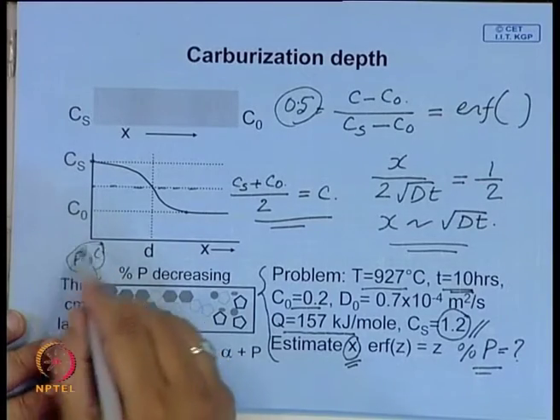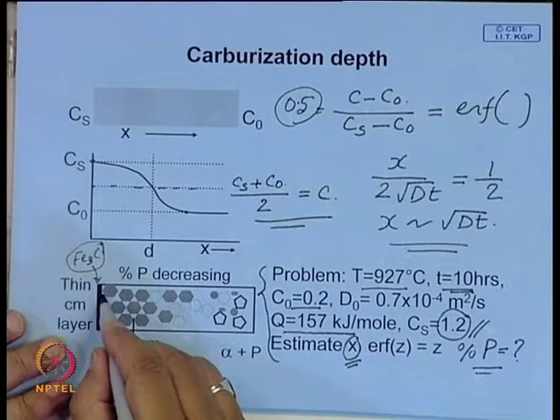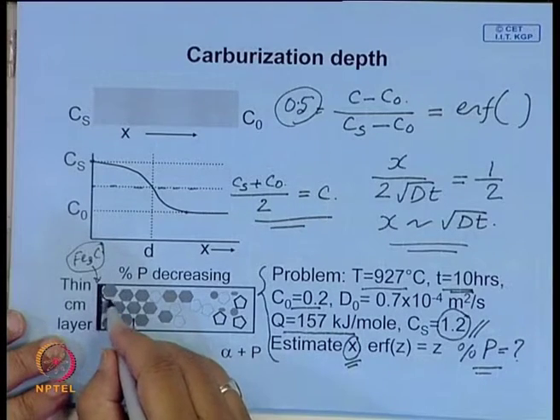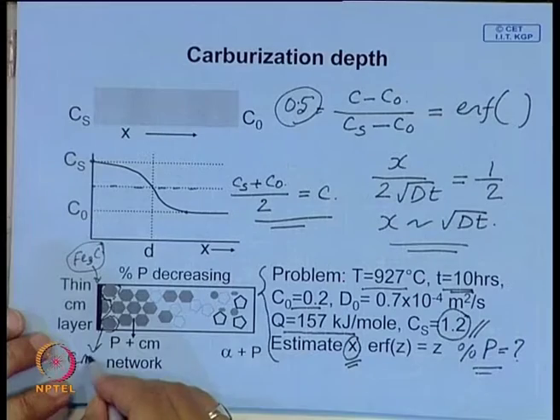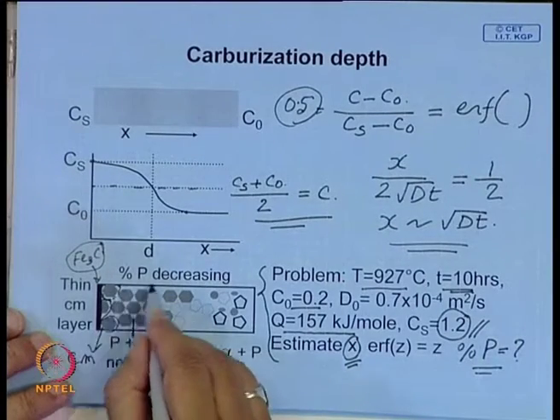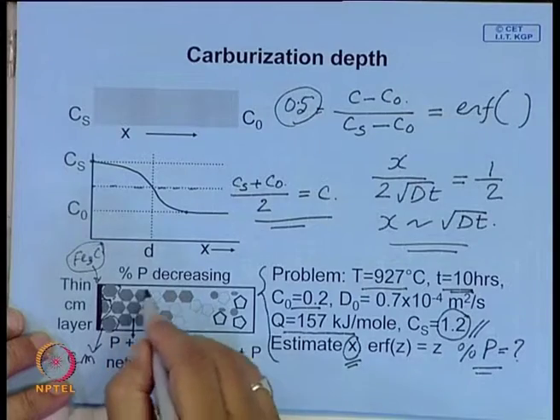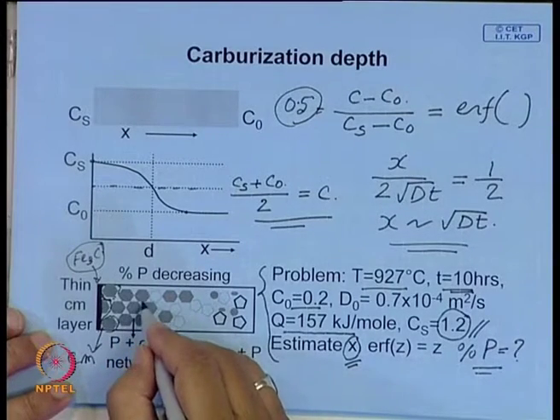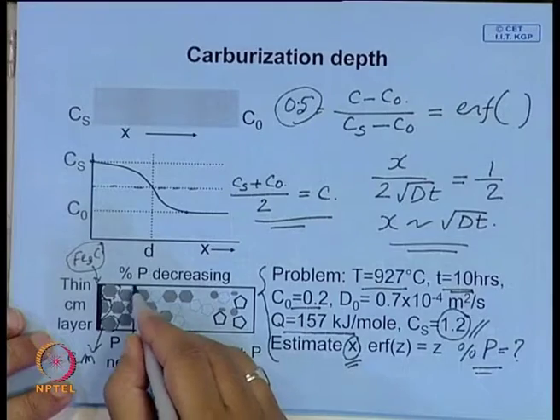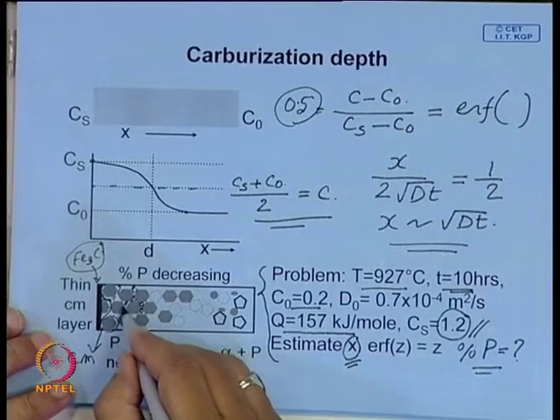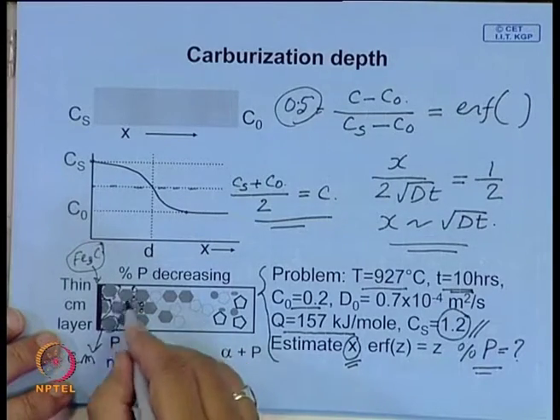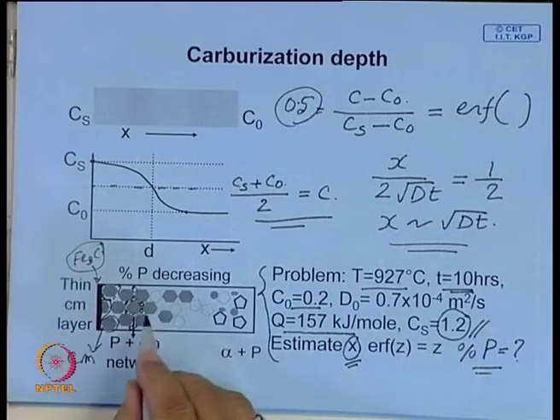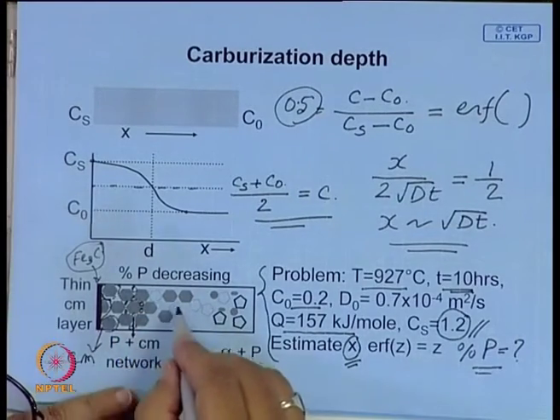So, there may be a cementite layer, and after that you will have a network of bright cementite, and as you go inward that cementite network will become thinner, and there will be a region where it will be mostly 100% pearlite. Sometimes it is possible to guess from the cementite network the prior austenite grain size of this material.